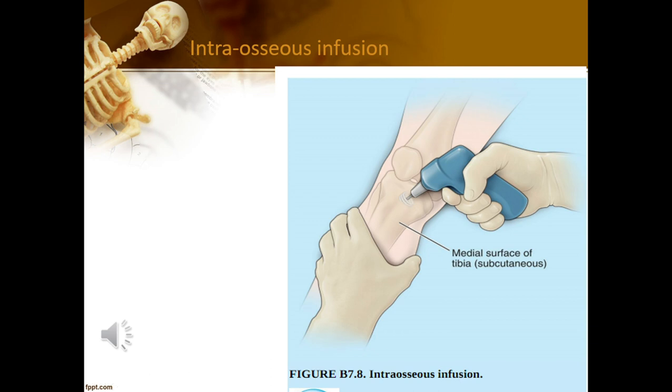It's not very easy in children, and intraosseous infusions are mostly used when IV cannulation is not possible in dehydrated or very bled patients. Intraosseous cannulation can also be done with the war patients, and continuous infusion can be given through that.